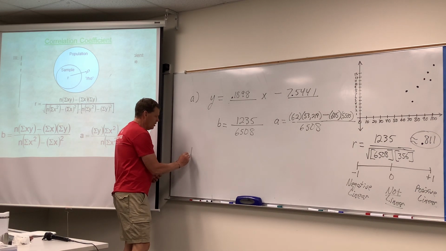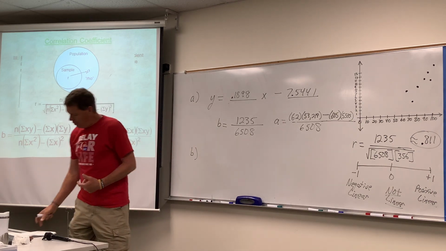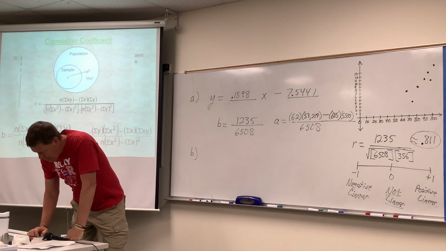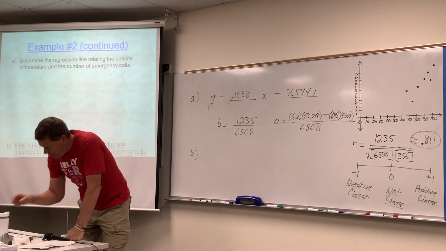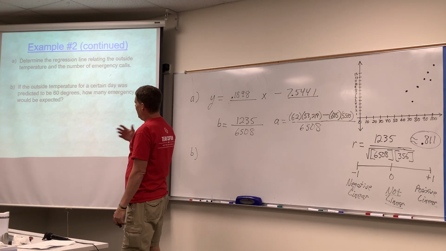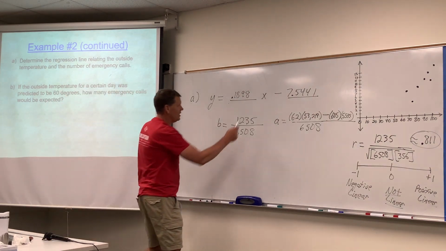It would be our prediction. And so here's the point of this whole thing. If you were the manager of this emergency tow truck agency, or whatever you want to call them, you would have your prediction equation. And so let's say on a particular day, you wake up and it says, hey, it's going to be 60 degrees today. You would then put 60 in for x.